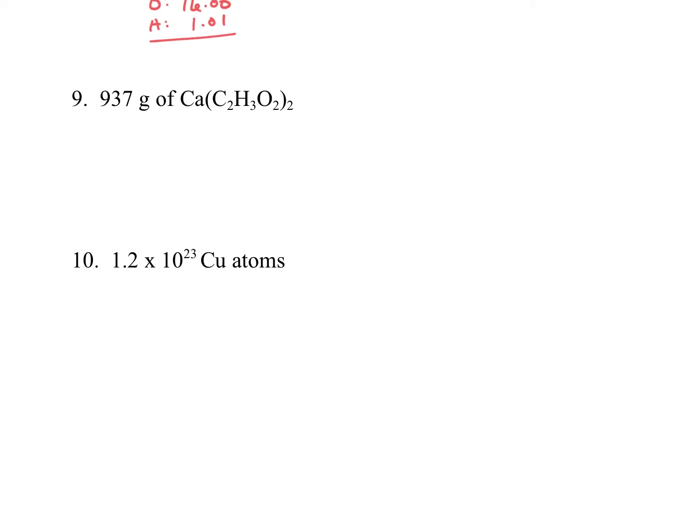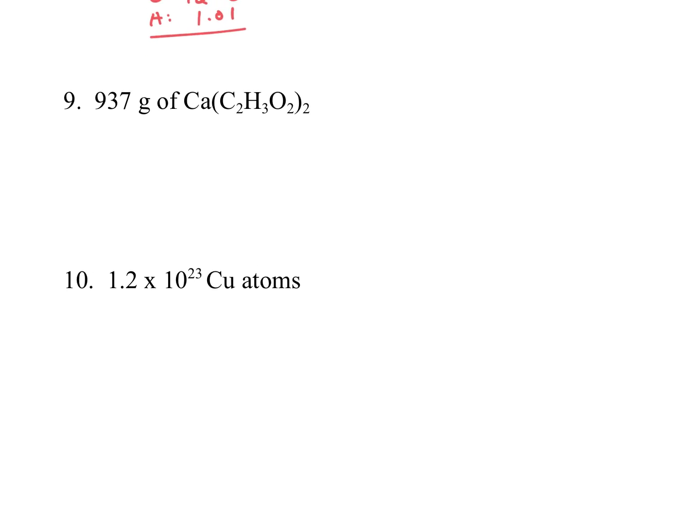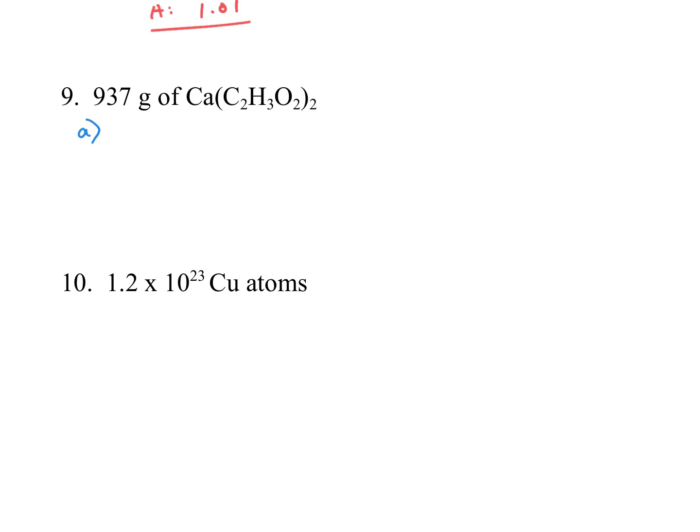Okay, question 9 is the same pathway we just completed. The pathway is asking you to change grams of something into moles, grams to moles. Okay, so you need an equality that relates the grams of calcium acetate into the number of moles. And we want 1 mole. So calcium by itself has a molar mass of 40.08 grams.